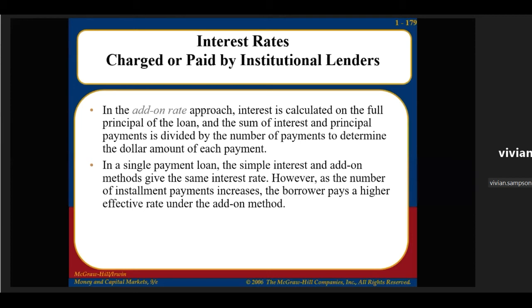Now, once you divide the 500 by 5, you are going to get 100. Every year, you are going to pay 1,100 for a 5-year period. And at the end of 5 years, you would have finished paying your interest plus the principal. That is how the add-on rate approach works.